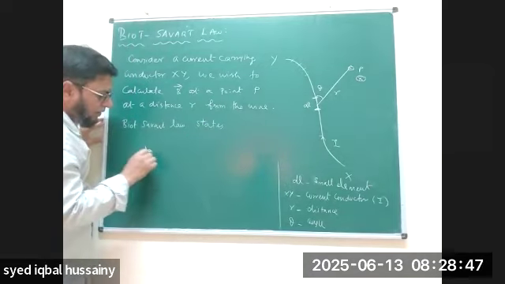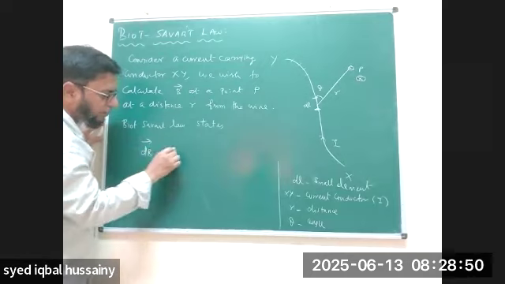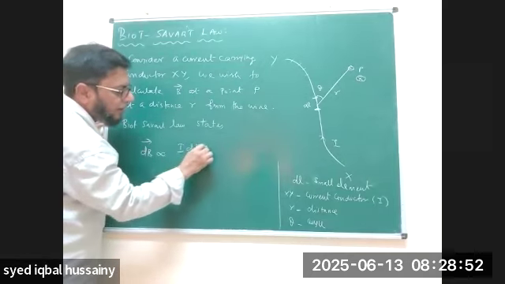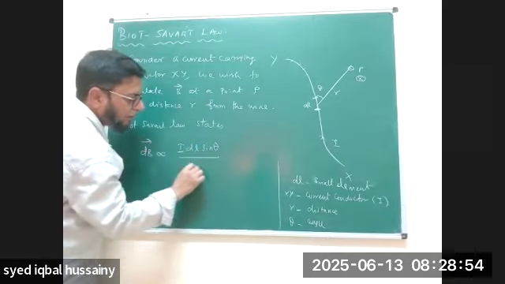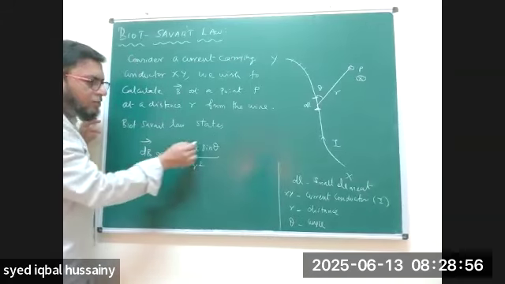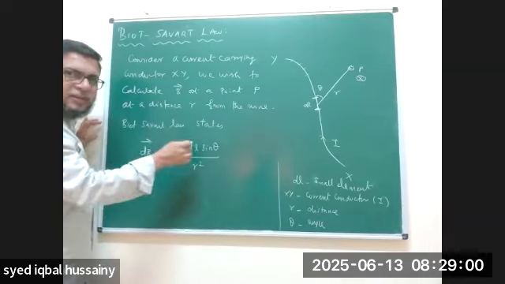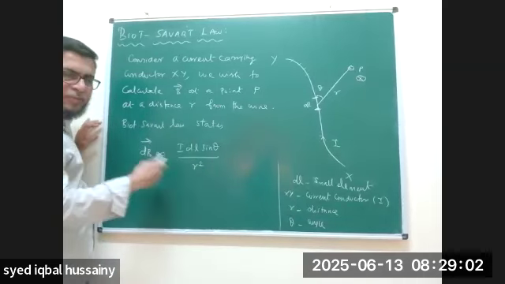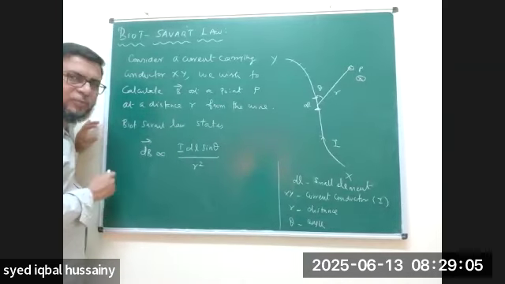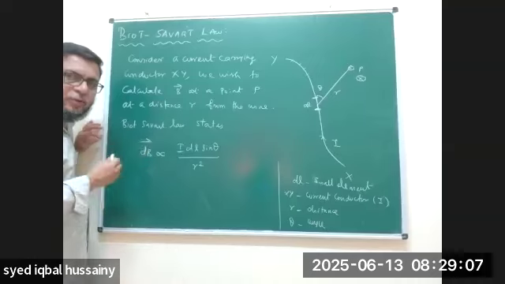dB vector is directly proportional to I dl sin theta by r square. 1, 2, 3, 4. So remember the 4 factors: I, dl, sin theta, and 1 by r square. Now we are going to do numericals, so you should remember the 4 factors. If I remove the proportionality symbol, what do we usually add? A constant. Very good.